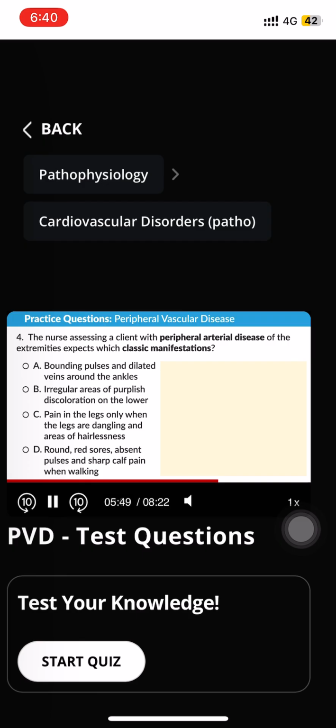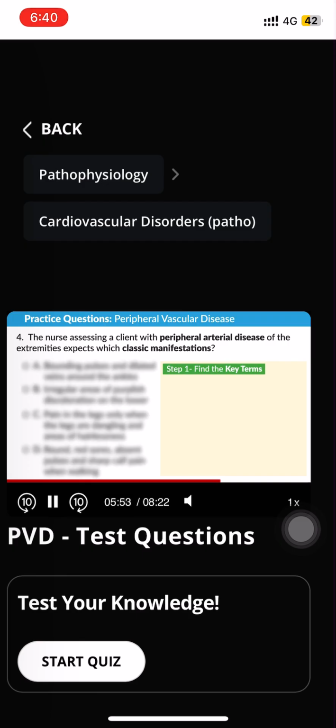Okay, let's break the question down following the question breakdown strategy. So number 1, first look at the key terms in the question. So we have 2 key terms here, PAD, that peripheral arterial disease, and the question's asking for classic manifestations, those signs and symptoms. Now, number 2, think of a few things you know about those key terms.